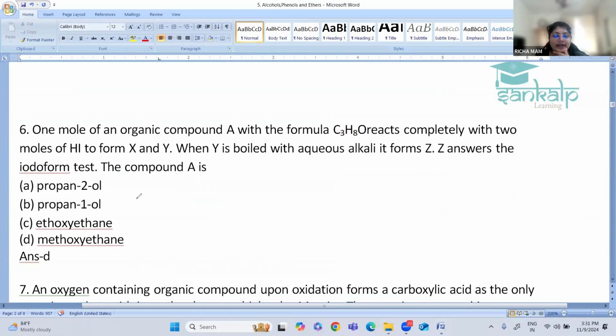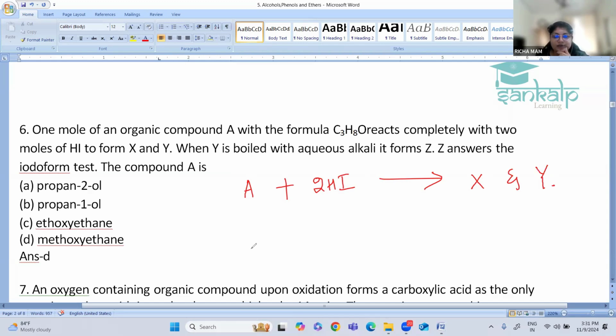The compound A is? So what have they asked? A is reacting with 2 moles of HI and it is forming X and Y.